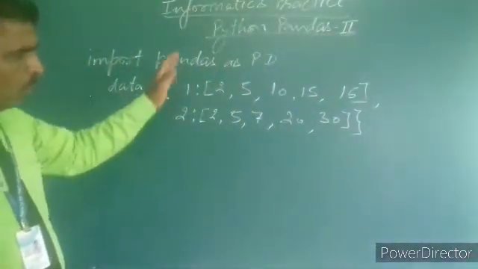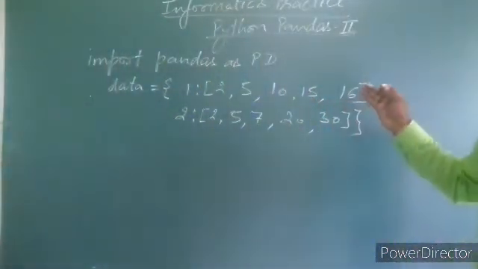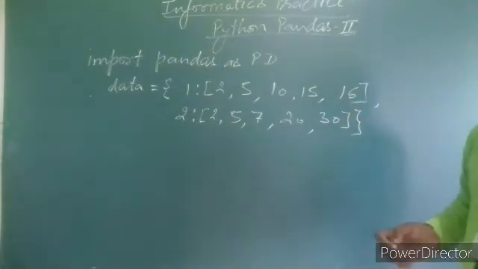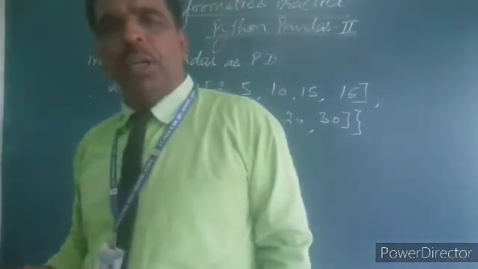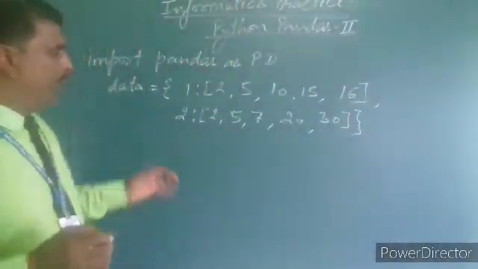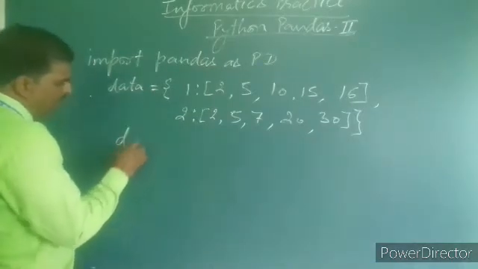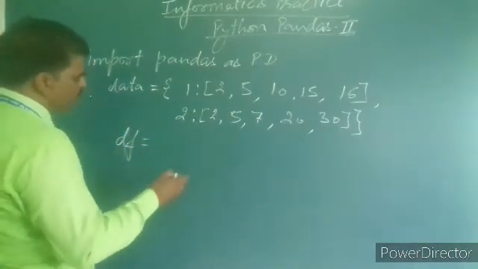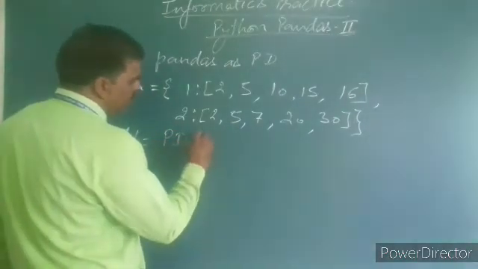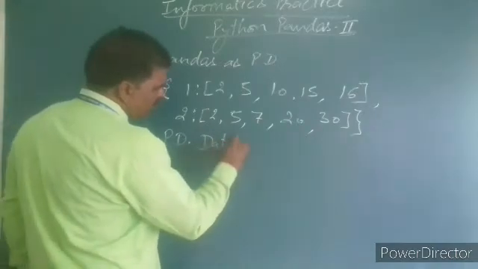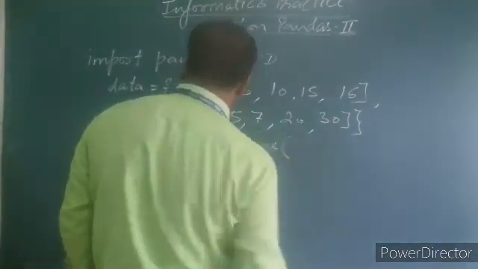After that, the data will be stored in a variable whose name is data. If you want to apply it with the data frame, we can take the example df equals to pd dot DataFrame.